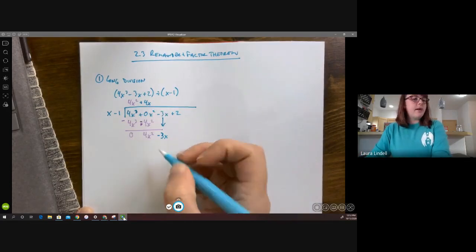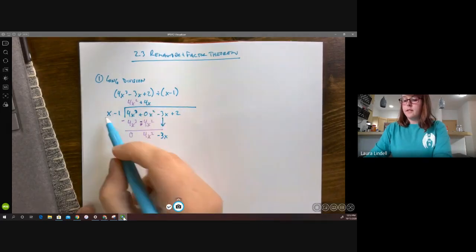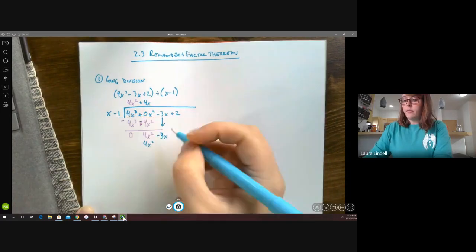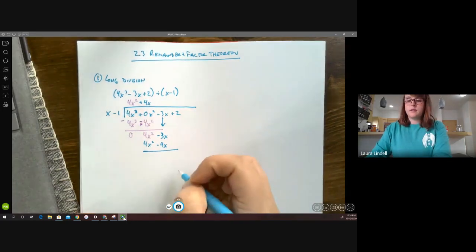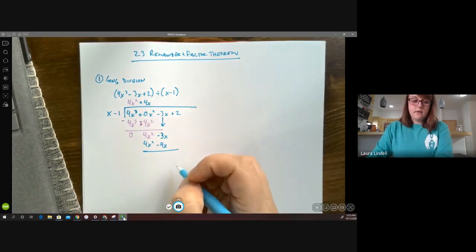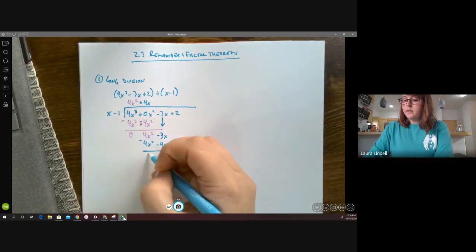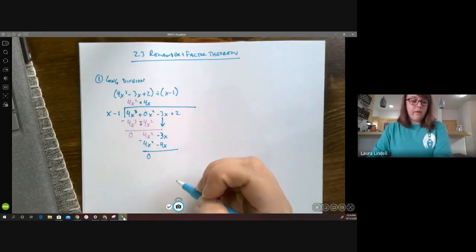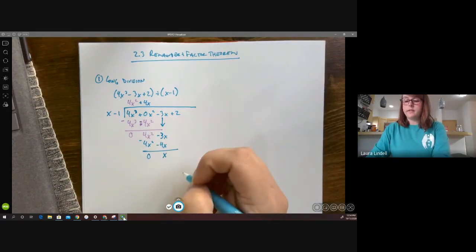Then we do that same process again where I multiply this by each of these values. 4x times x is 4x squared. 4x times -1 is minus 4x. Then I'm subtracting: 4x squared minus 4x squared is 0. -3x minus -4x is +1x.